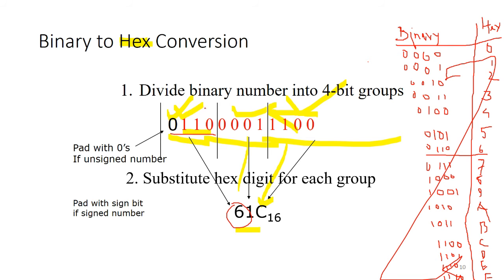Then we have 0001. This is this one, right? So that's why we have written 1 here.